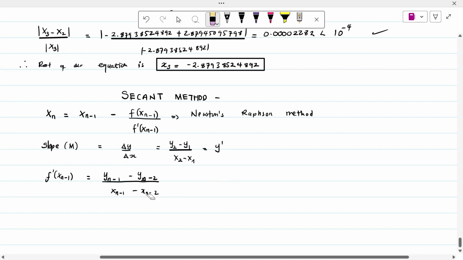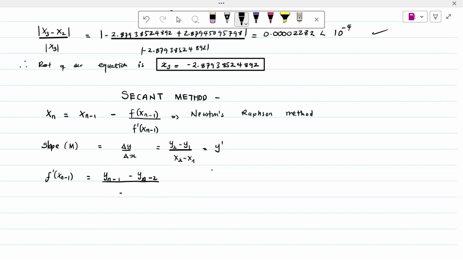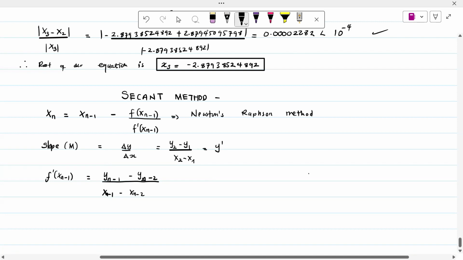Now, instead of writing yn minus something, remember that y is actually the value of a function at a given point, isn't it? This is xn minus 1, xn minus 2. If you have a value of x at a point, to get the value of y at that point, it will be f of x. That's the definition, right?